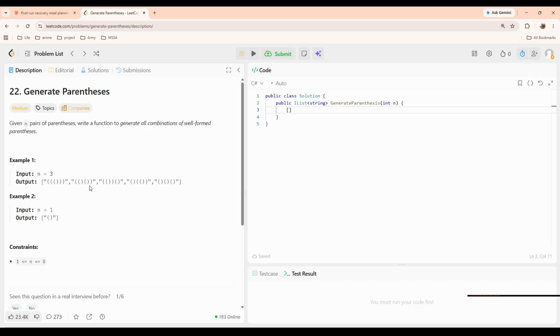I don't know the mathematics of how quickly this combination will multiply. Another thing I'm seeing is that we have an interface of a list. I guess we will be putting our generated parenthesis combinations inside the list. I can't think of anything else that should be covered under the examples and edge cases.